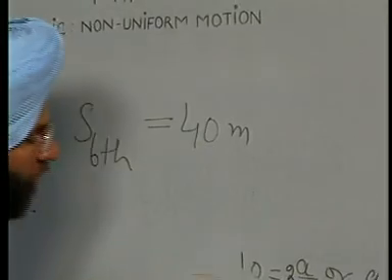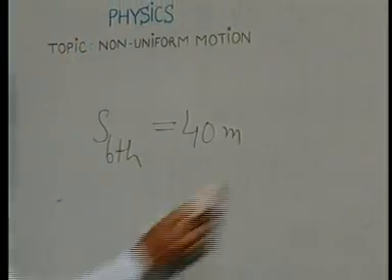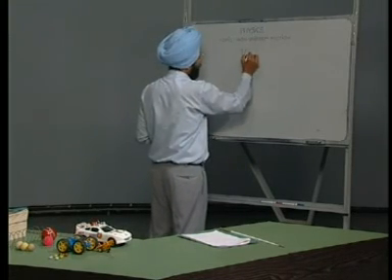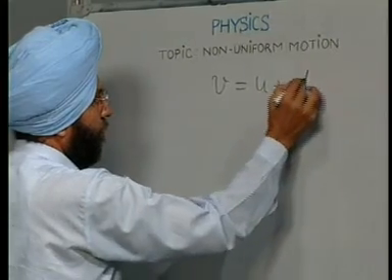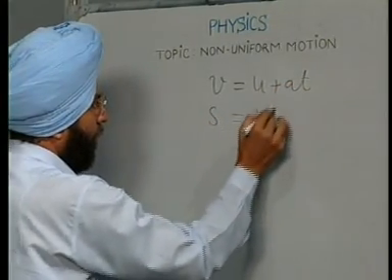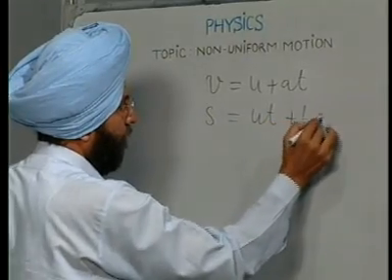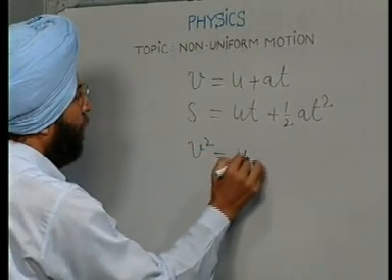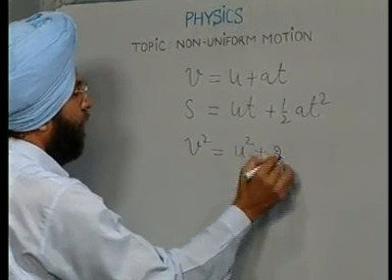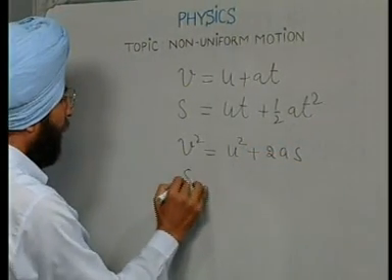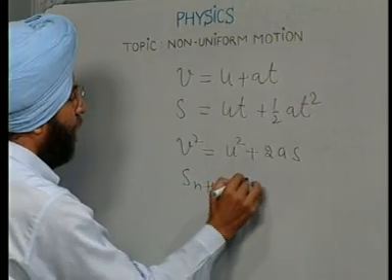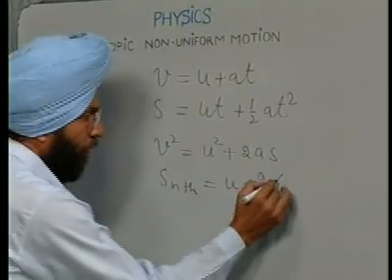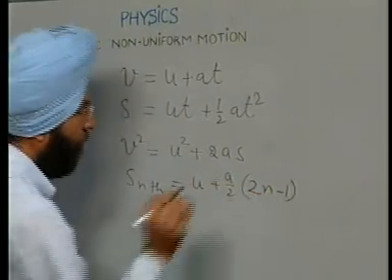So, with this we have derived all the 4 equations. V is equal to u plus at, S is equal to ut plus half at square, V square is equal to u square plus 2as, Snth is equal to u plus a by 2 into (2n minus 1).